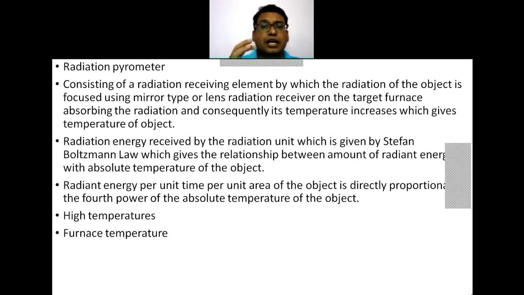That means in our radiation pyrometer there is a lens fitted which receives the radiations from that particular object, such as your furnace. It receives these radiations, and consequently its temperature increases, which gives the temperature of the object.